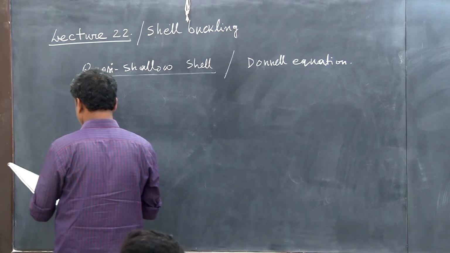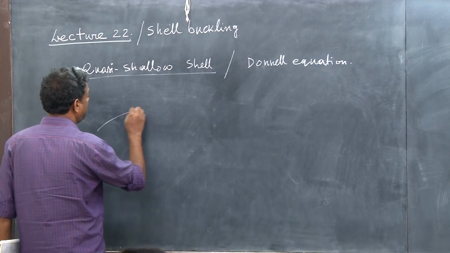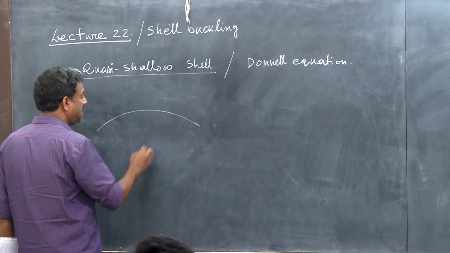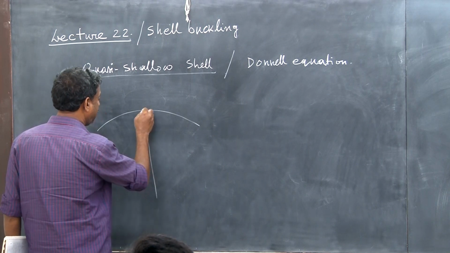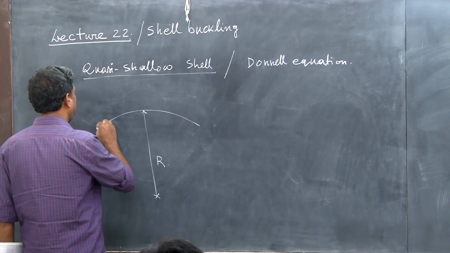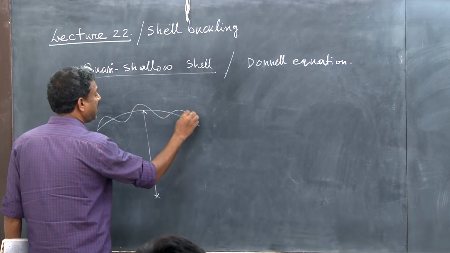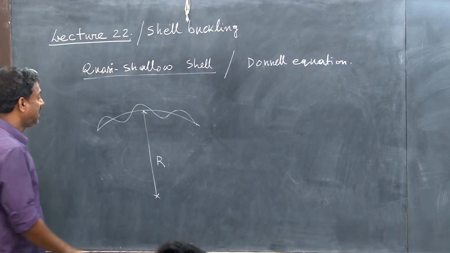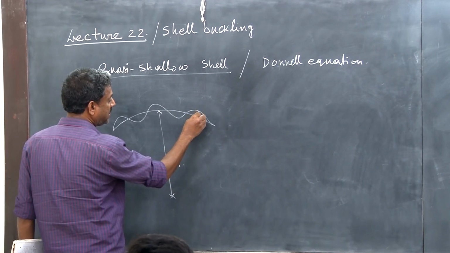Quasi-shallow shell theory means you have a shell, right, and it has a radius of curvature, and of course it will buckle, right. So it will have this buckling wavelength, and it will have these amplitudes.